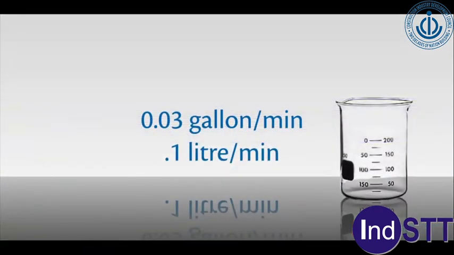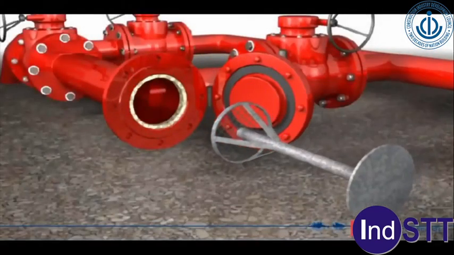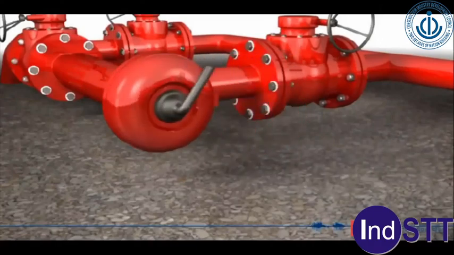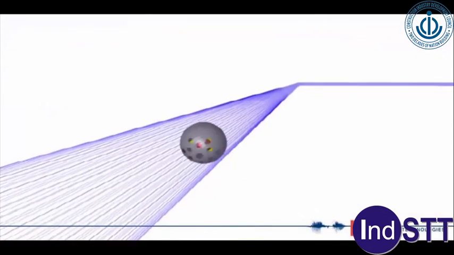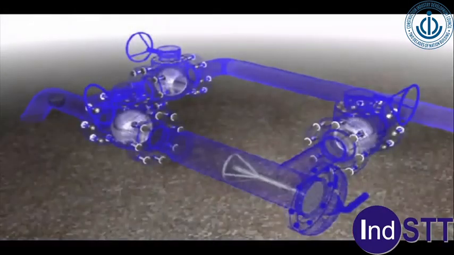Smart Ball has been able to detect leaks as low as 0.03 gallons per minute. Once the Smart Ball has completed the inspection, it is easily removed from the line. Smart Ball is ideal for long inspection runs, as the onboard battery can last several hundred hours.